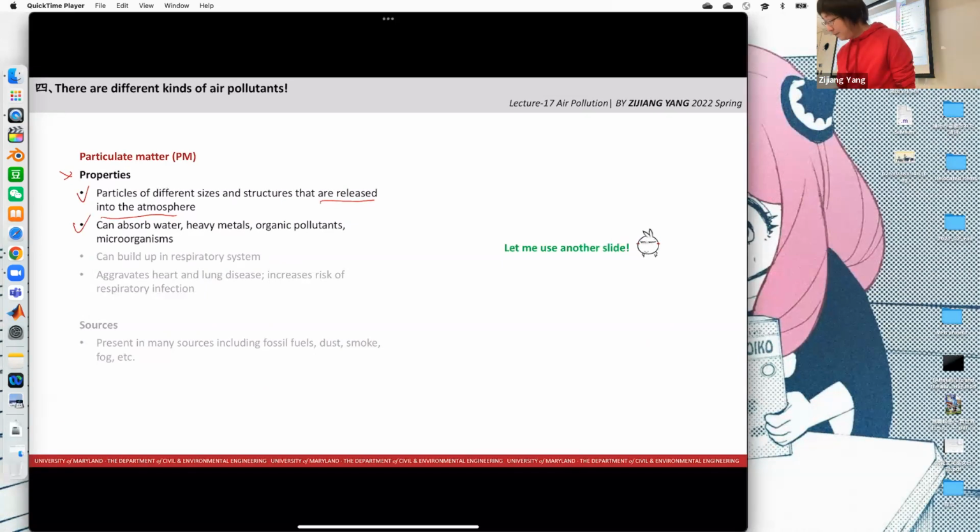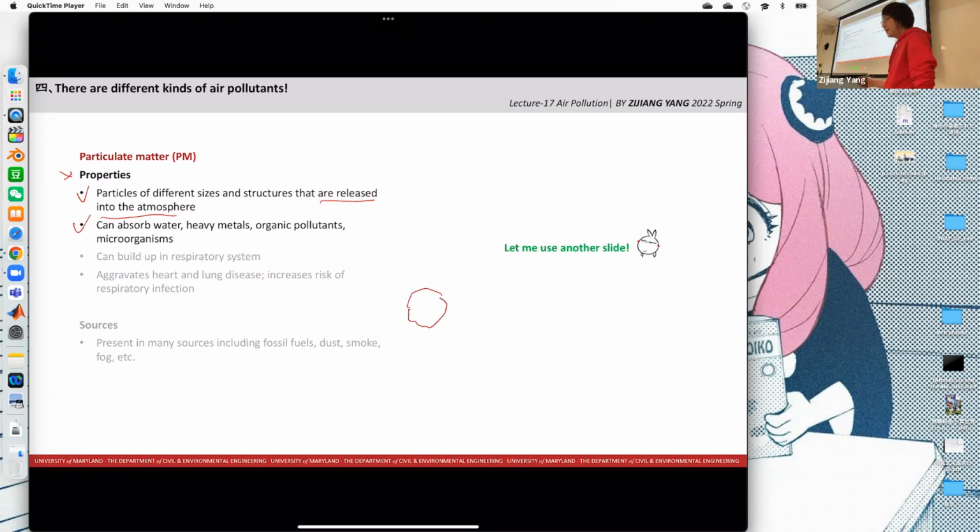Basically, particulate matter has a surface, so it may absorb some of the water in the atmosphere. We may also have different heavy metal particles, and they can be absorbed on the surface of the particulate matter, as well as organic pollutants, because it can absorb different chemicals, which may also include nutrients.